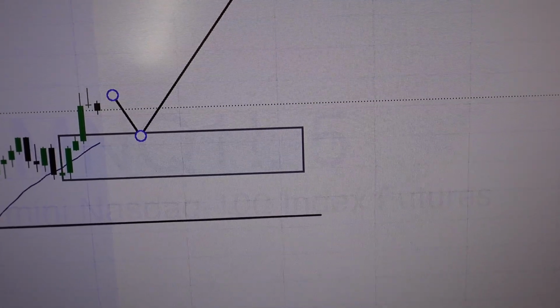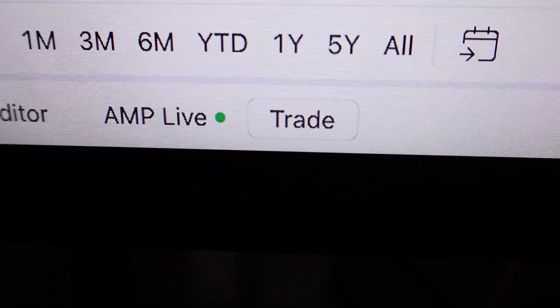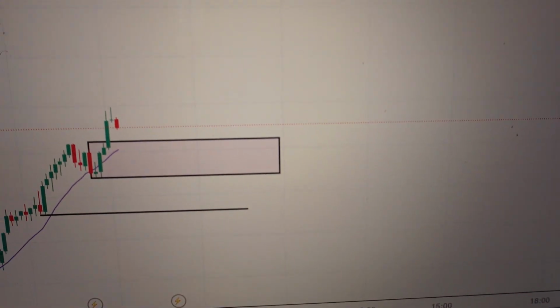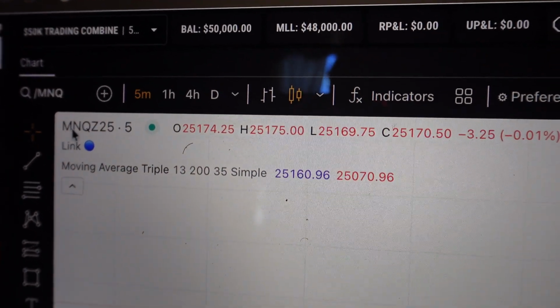I have to wait and see. This is my broker account, AMP Live. This is my live account, and this is my TopStep account. Same setup, same exact trade, same Micro NASDAQ.